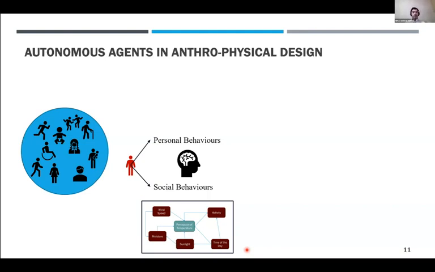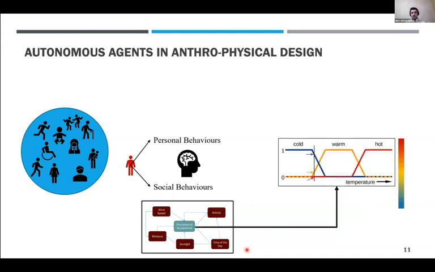His personal behaviors are how many times a day he washes his hands, whether he wears a mask or not, whether he is vaccinated or not. Then we make the granular cognitive map to see how his behavior is shaped based on his perception of the environment.